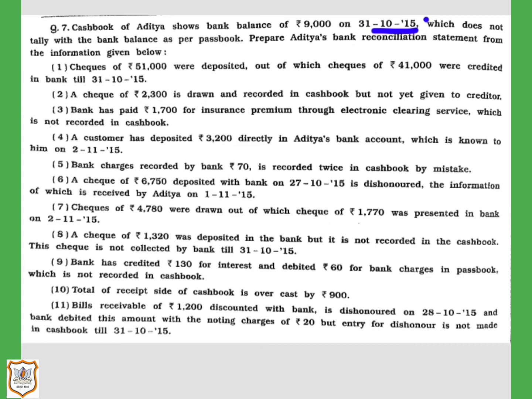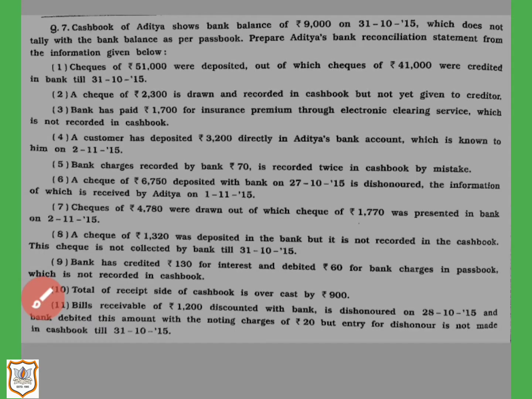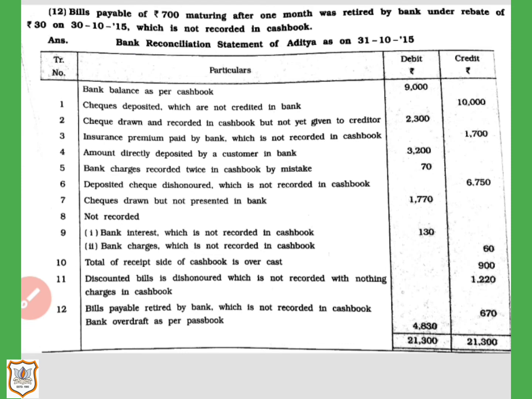So because of this, a difference has arisen in the bank balance as per cash book and passbook. So here we will write the transaction in the debit column of BRS. Here it is, check drawn but not presented in bank, amount is 1,770. Now let us move to the next transaction.